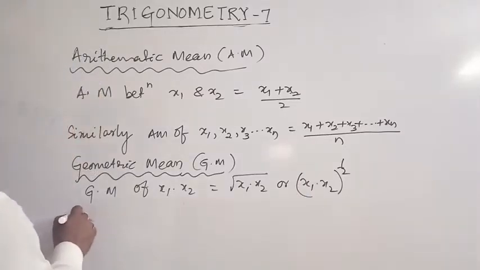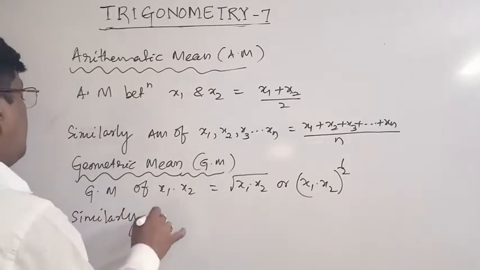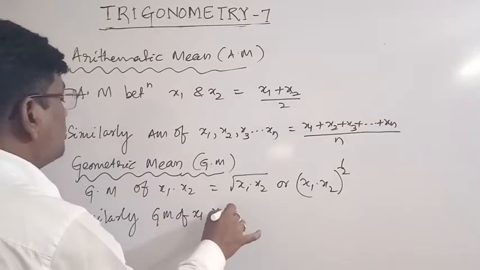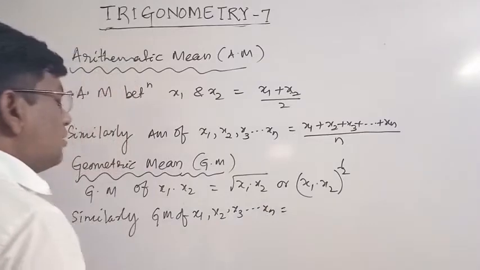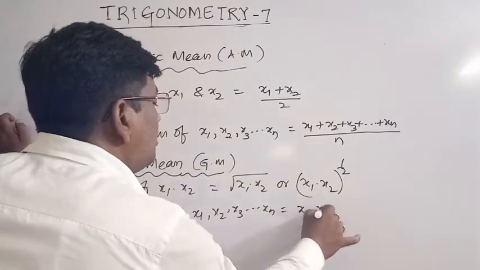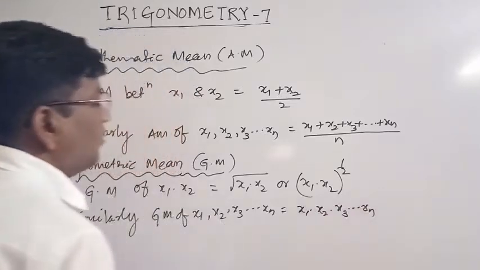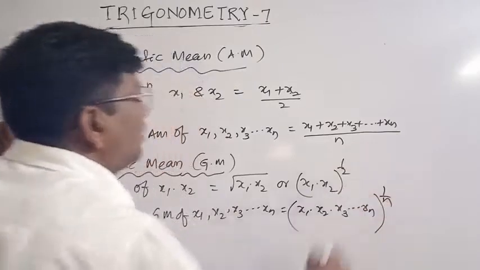So similarly GM of x1, x2, x3, xn is equal to what? The product of the terms x1 into x2 into x3 dot xn whole to the power 1 by n.